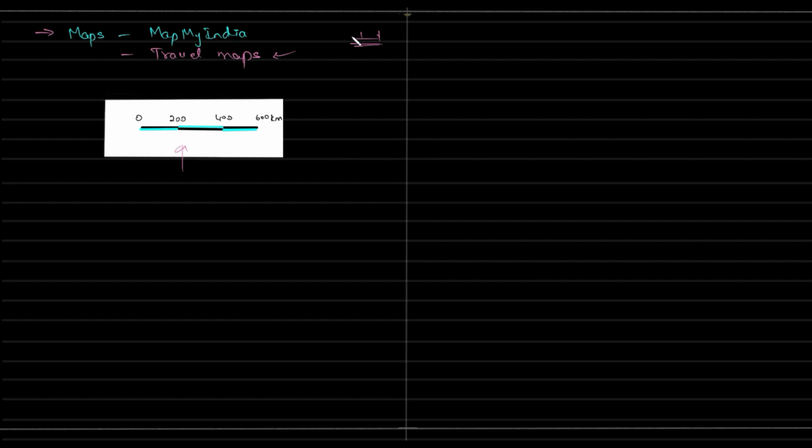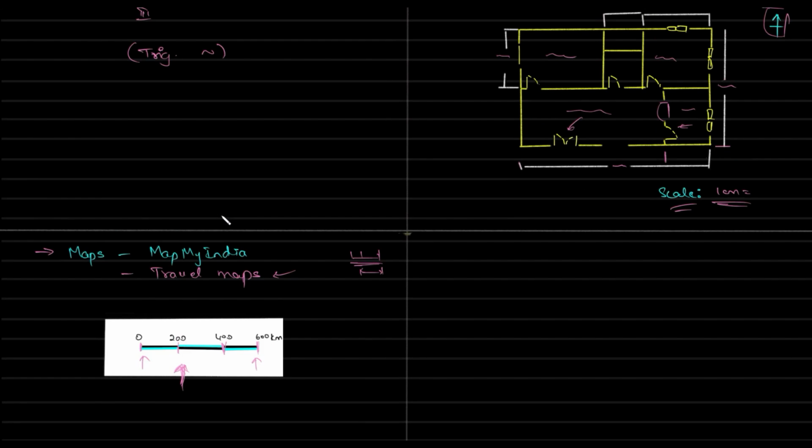What this is trying to tell is, if you measure from here to here, this is so many kilometers or miles. You can clearly see this in your atlas or travel maps, wherein they tell that if you measure any length on this map on that particular sheet, that is around 200 kilometers. If you measure so much, it is 400. If you measure so much from here, it is 600. Again, all of this is using the idea of similarities.